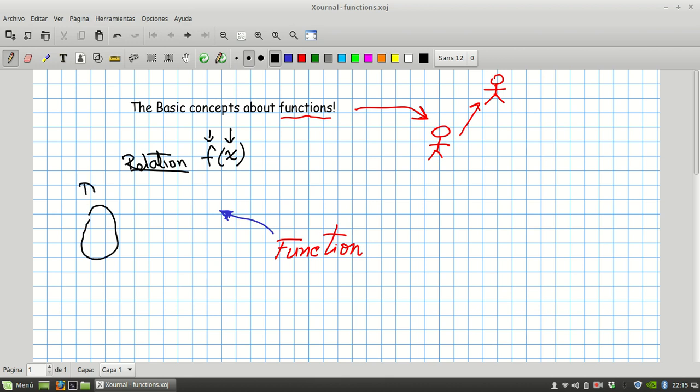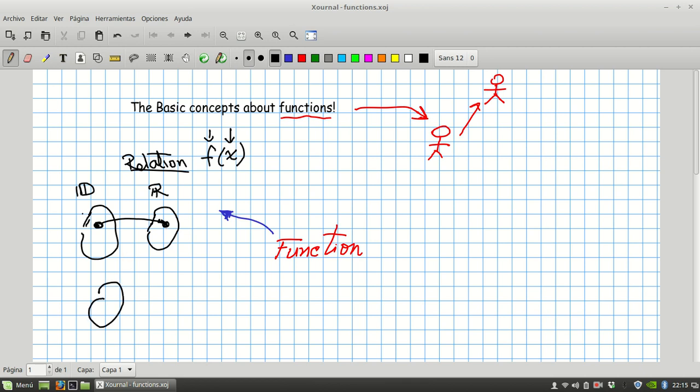The first set we call the domain, the independent variable, and the other set we call the range, the dependent variable. The only condition is that one element of the domain corresponds to one element of the range.